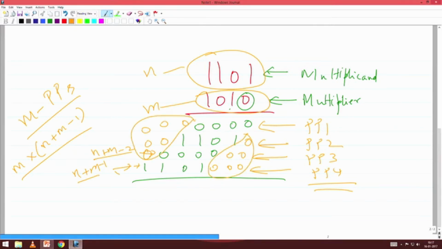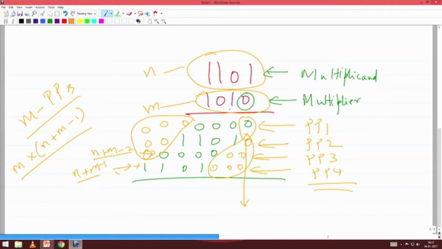When we actually construct a circuit, please note that we will not have circuit elements for these, because they are already zero. So this is the answer itself. The first bit of your answer is generated the moment you generate the partial product, and so on. Is that fine? Are you able to follow this?